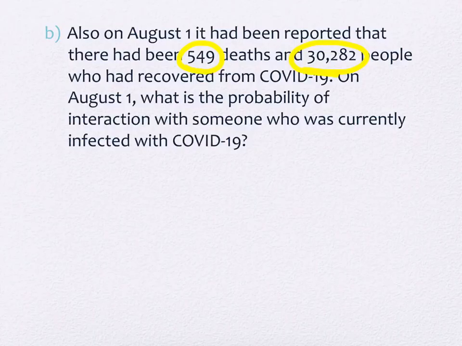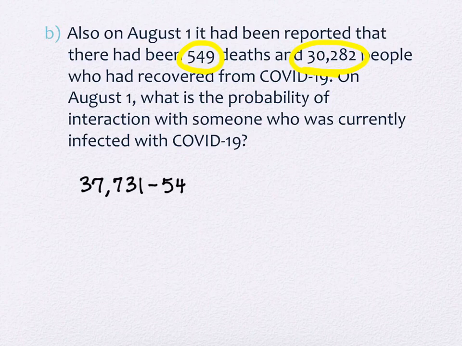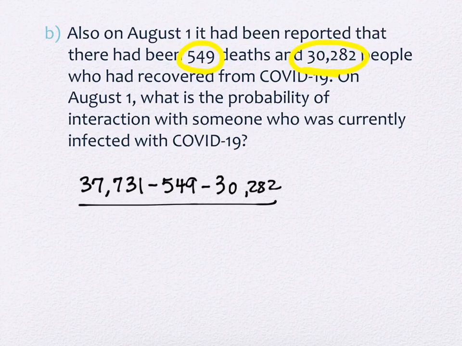So we have our 37,731 who tested positive, the 549 that died with COVID, and then the 30,282 that recovered, out of that same 3,956,971 number. This was all August 1st of a year ago data.